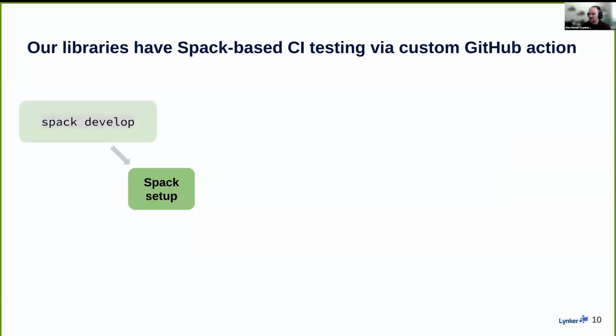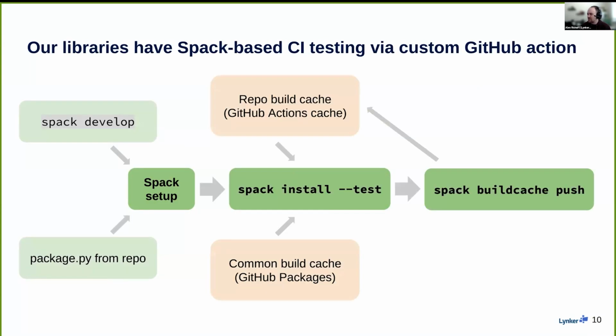Just in the interests of time, I will not go into too much detail here, other than to say that for some of our current workflows, we have a couple of approaches for caching our builds implemented. Each time one of our libraries runs a CI workflow using SPAC, whatever packages it didn't already have available and needed to build through SPAC, it'll automatically propagate into the build cache.